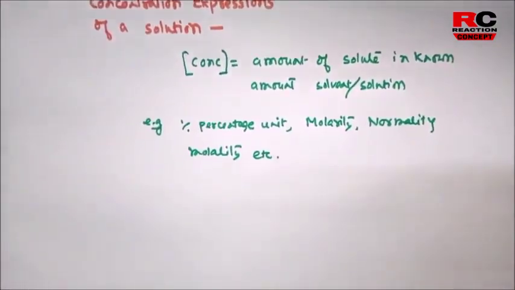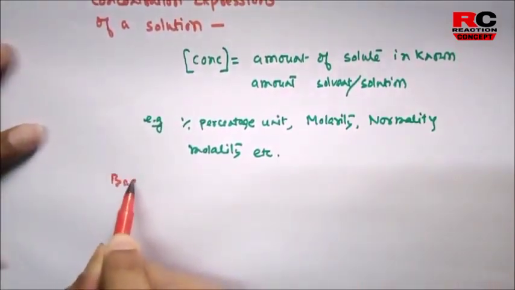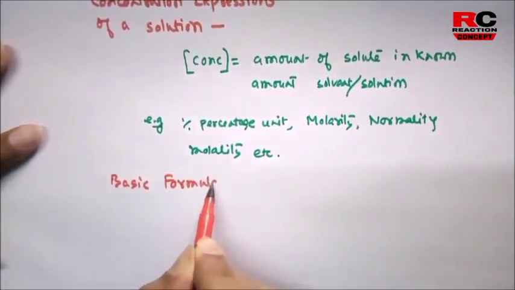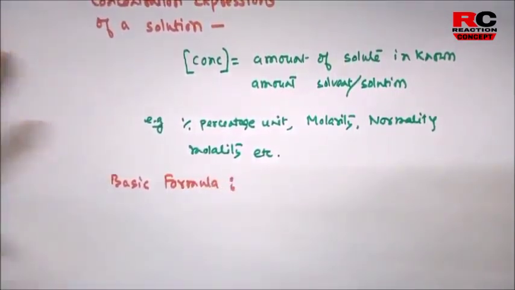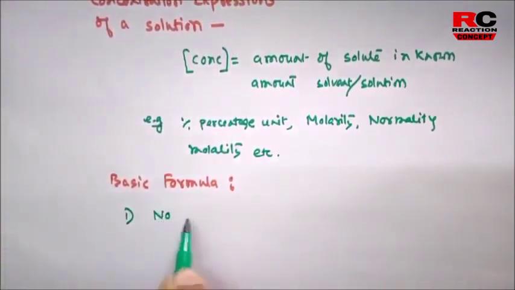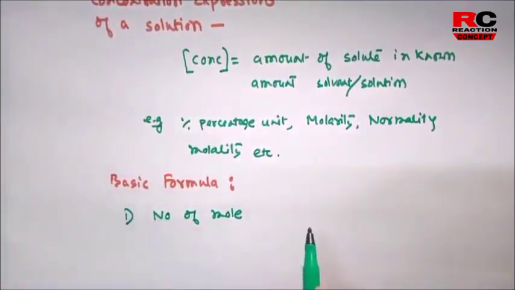Some terms you should know. What are the basic formulas you should know? Number one, number of moles. These were already discussed in class 11, in the chapter some basic concepts of chemistry, the mole concept.